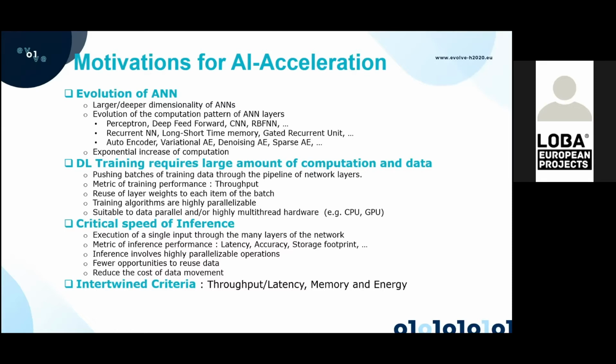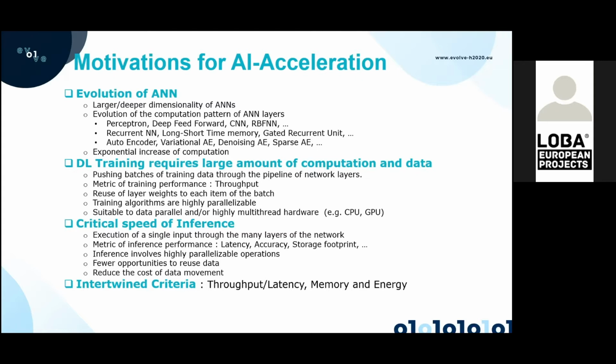The inference phase of the ANN deals with the execution of a single input, maybe in pipeline mode, but a single input through the many layers of the network. The objectives to target are a little bit different.